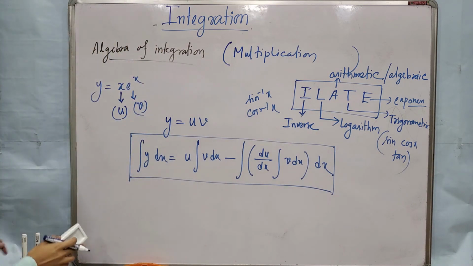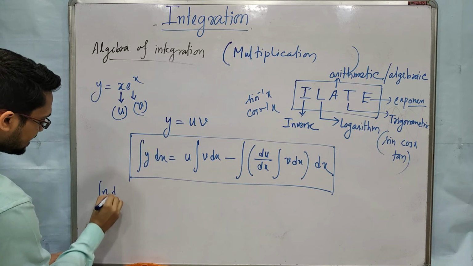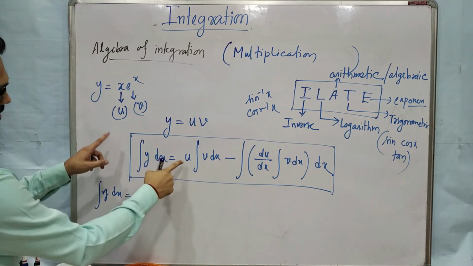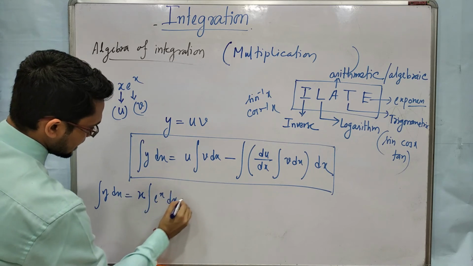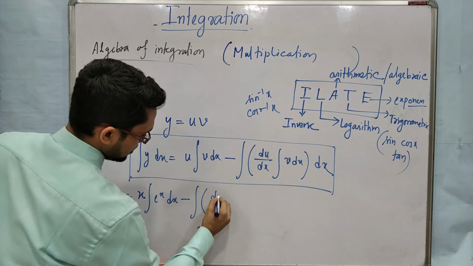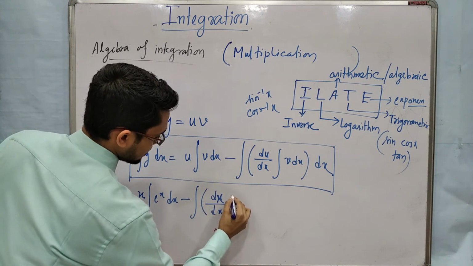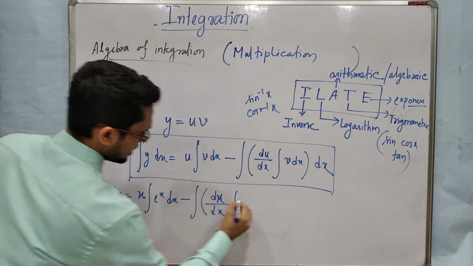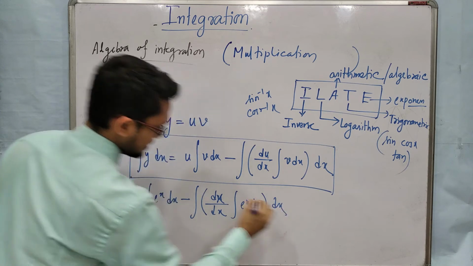Okay, so I will use this equation now. So integration of y dx will be what? First u will come out, so x comes out, e to the power x dx, minus integration, bracket, derivative of this, so dx by dx, then integration e to the power x dx, bracket, dx.